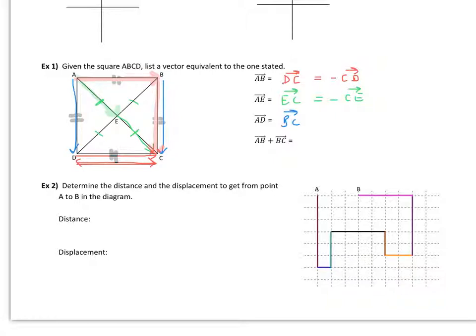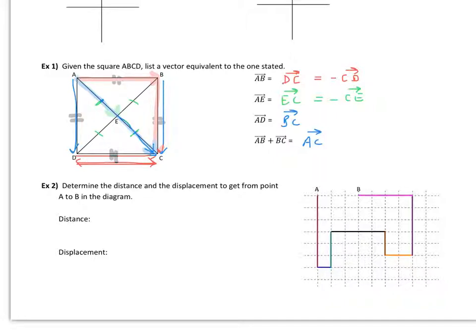If I'm going from A to B and then B to C, that would be the same thing as going from A and ending up at C. So that would be equivalent to AC. Okay, so there's a little trick to that, but really when we're adding vectors together, we're going to add them head to tail, because it's like I'm going from here to here and then from there to there. And where do I end up overall? I went from A and ended up at C.